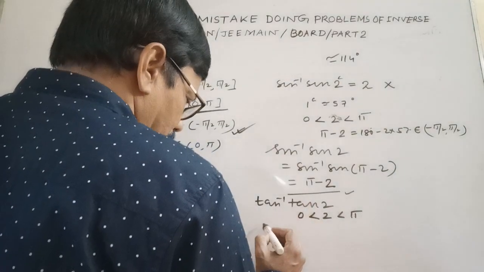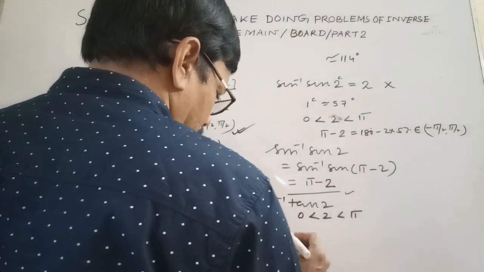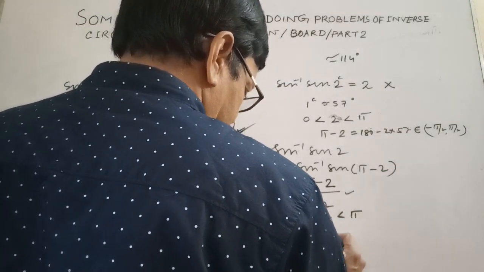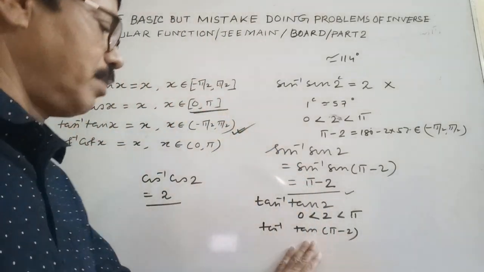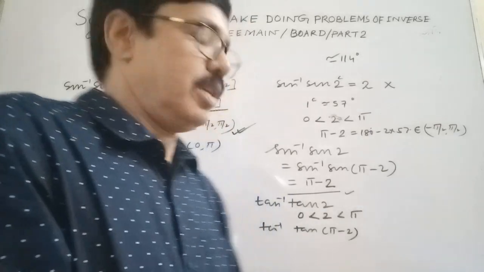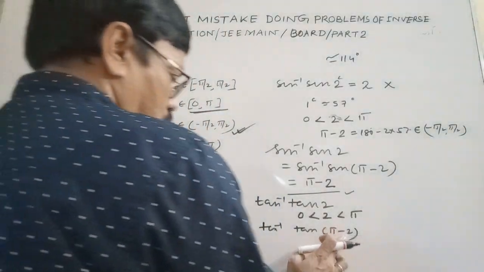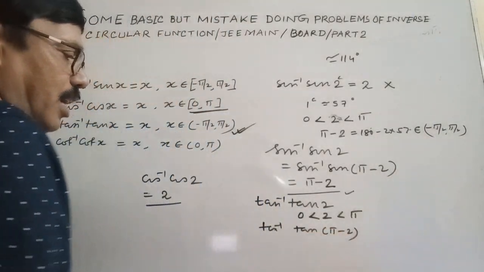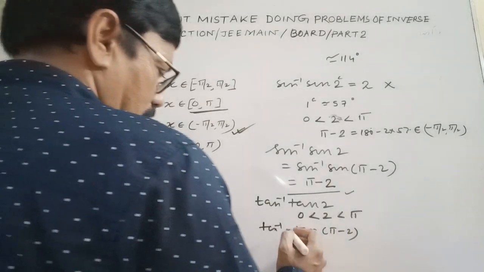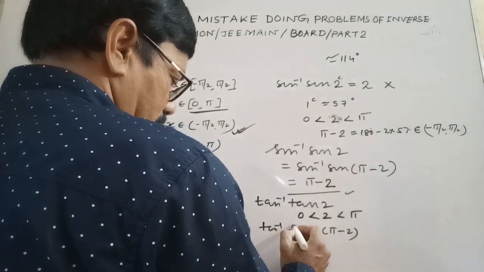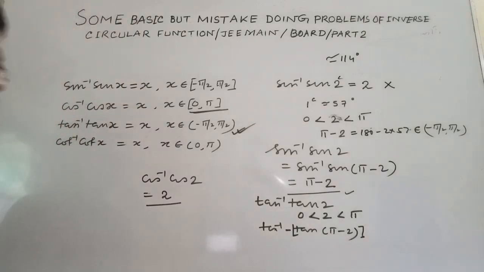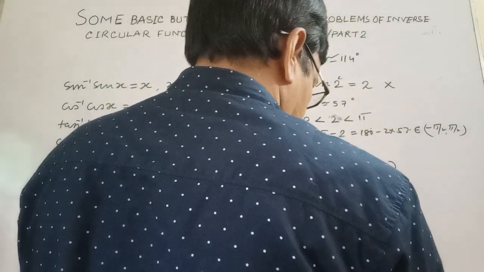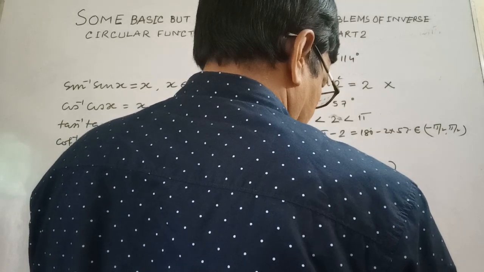Now, tan inverse tan 2 you can write as tan inverse tan of pi minus 2. But tan of pi minus theta is minus tan theta, so the meaning is not the same. So we use tan inverse of minus x equals minus tan inverse x.